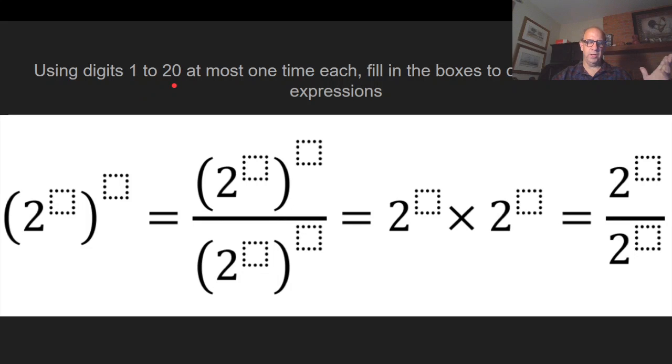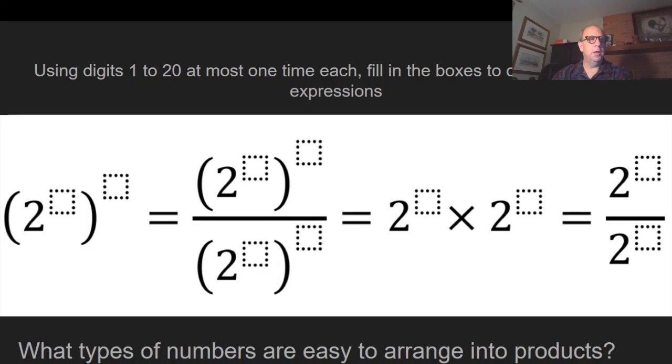You can use any one you want, but you can only use them each once, and solve this. If you can do that, that should replace all of the quizzes for the first 5 lessons. And my hint is, what types of numbers are easy to arrange into products? What type of numbers are easy to multiply?